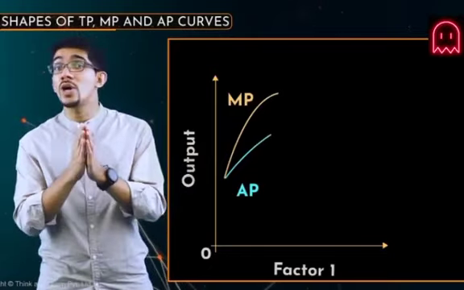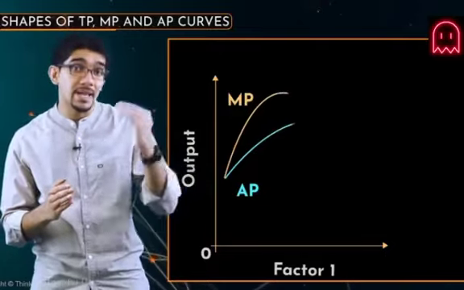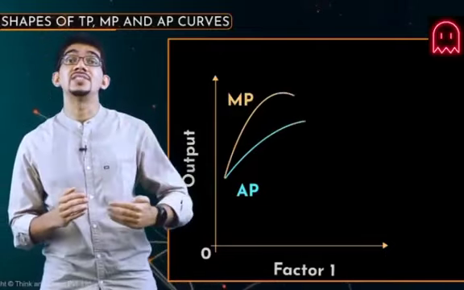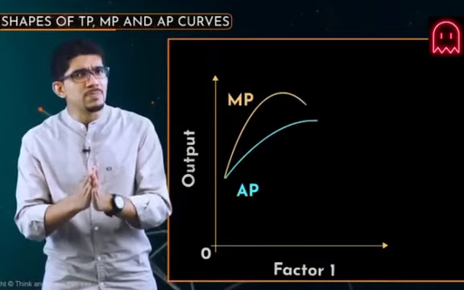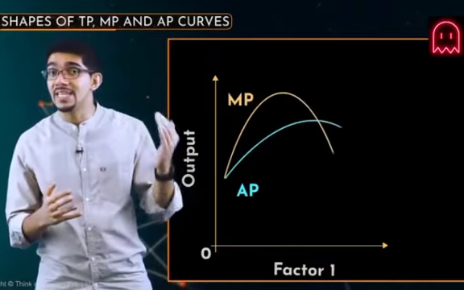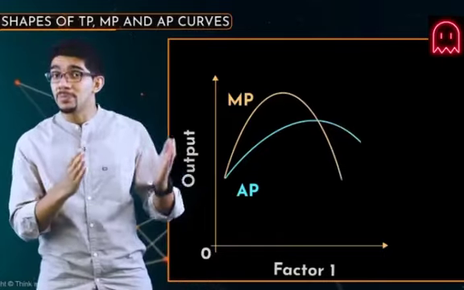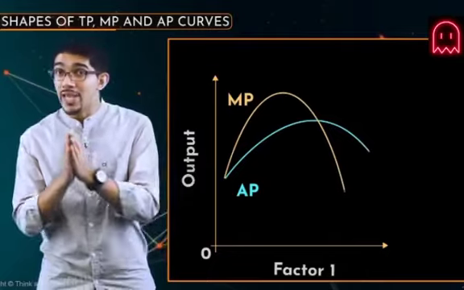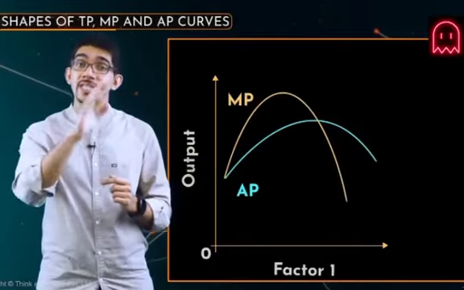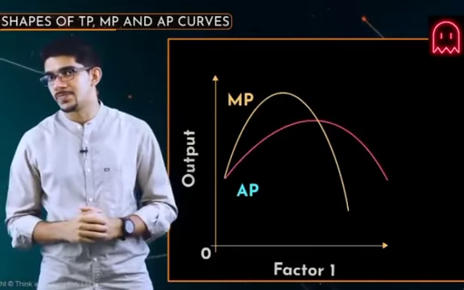However, as long as the value of MP remains higher than the value of the prevailing AP or average, the latter continues to rise. Once MP has fallen sufficiently, its value becomes less than the prevailing AP, and then the AP also starts falling. So the AP curve is also inverse U-shaped, but it is flatter than the MP curve as you can see here.